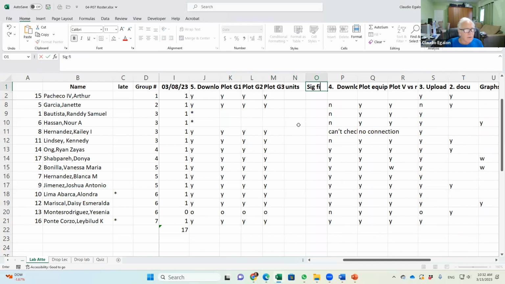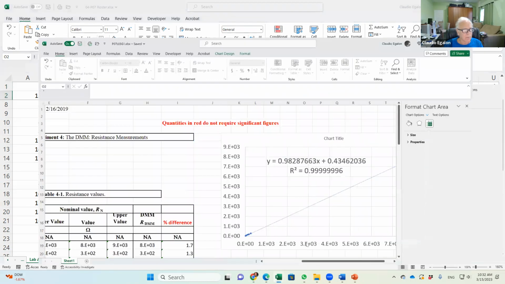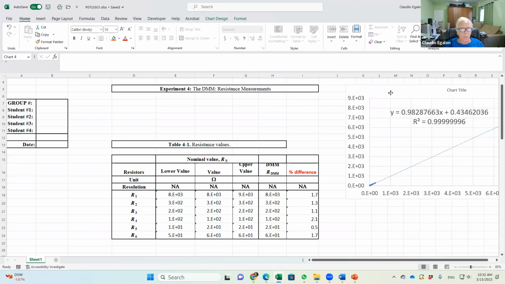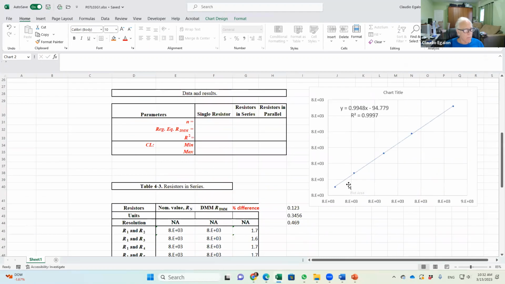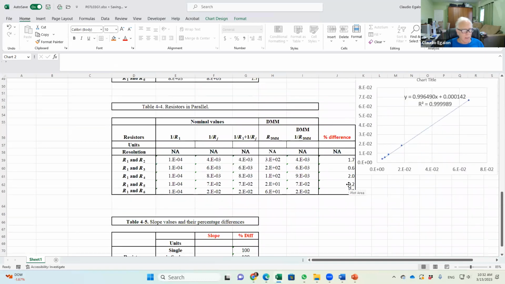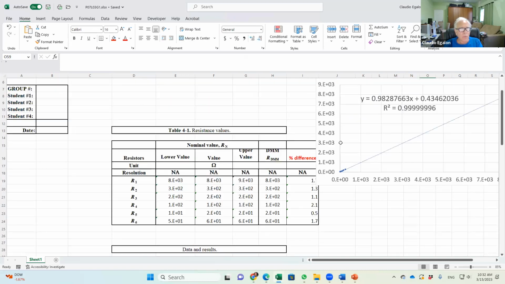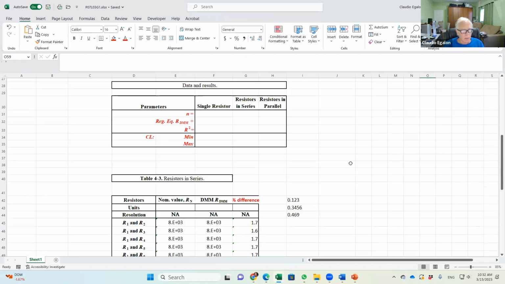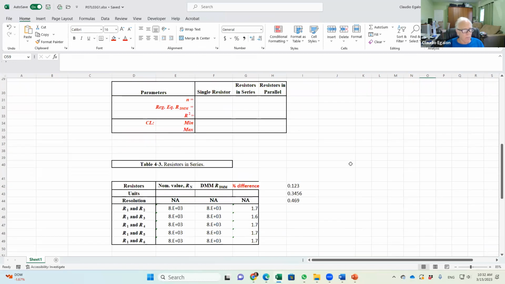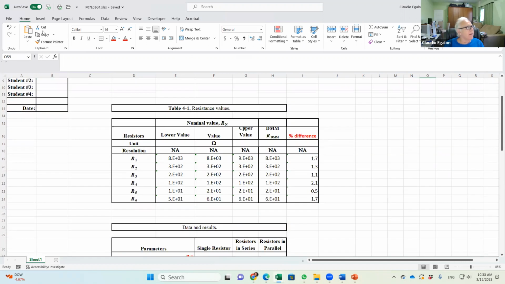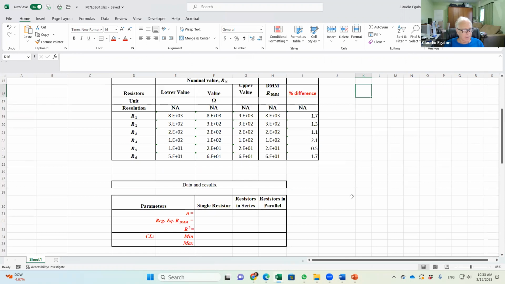Units. Okay, I'm going to close those 1, 2, and 3.